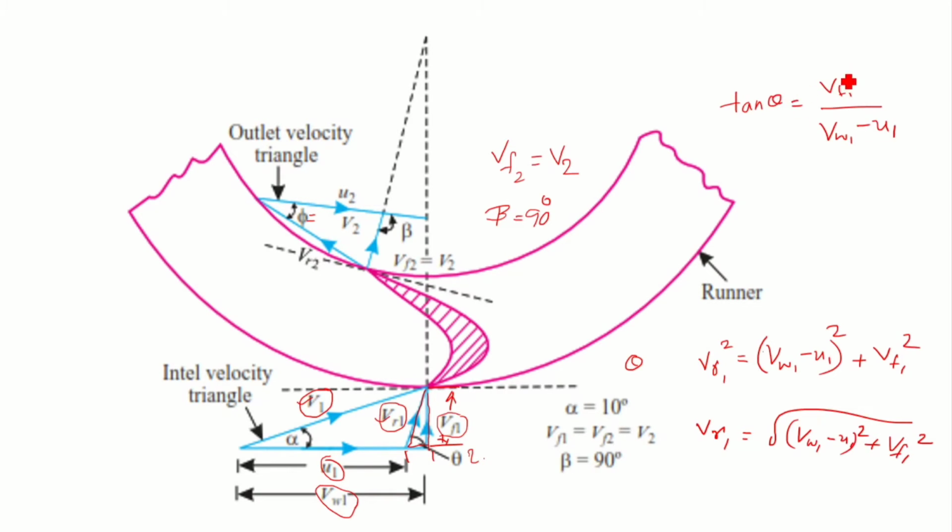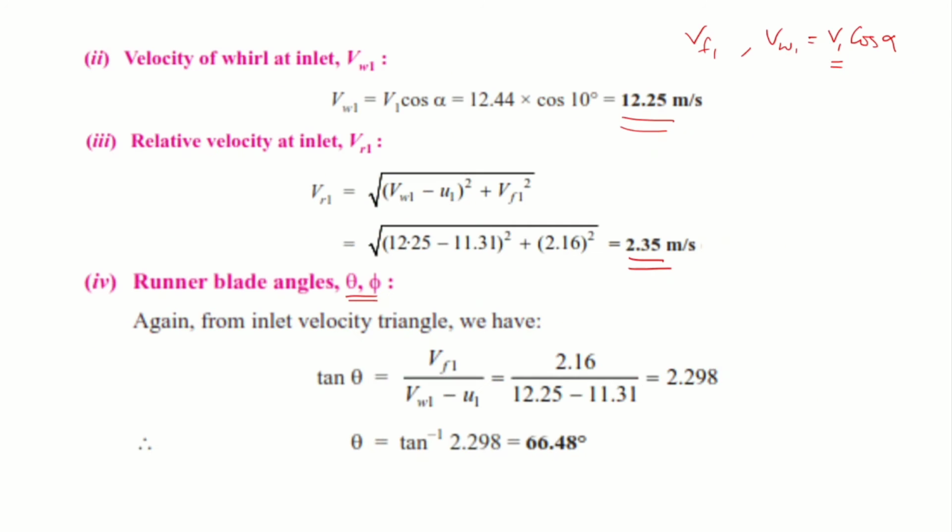We know the values of Vf1, Vw1 and U1. From this equation, theta is equal to tan inverse of Vf1 divided by Vw1 minus U1. So you will get the value of theta, which will be 66.48 degree.